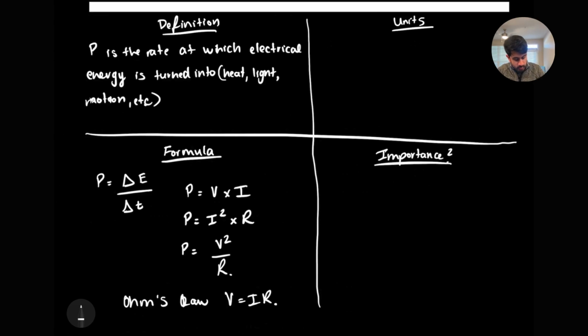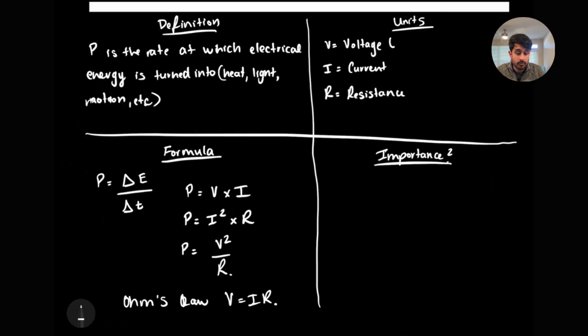So the first equation, for example, V is going to be equal to voltage, I will be equal to the current, and R will be equal to the resistance.